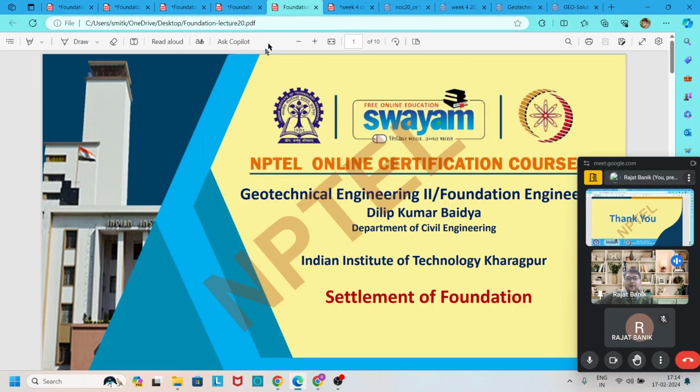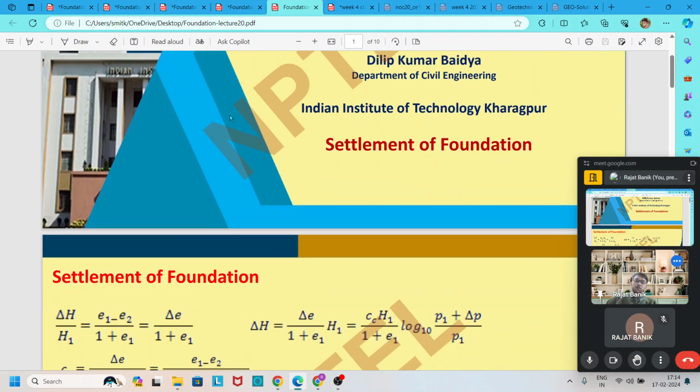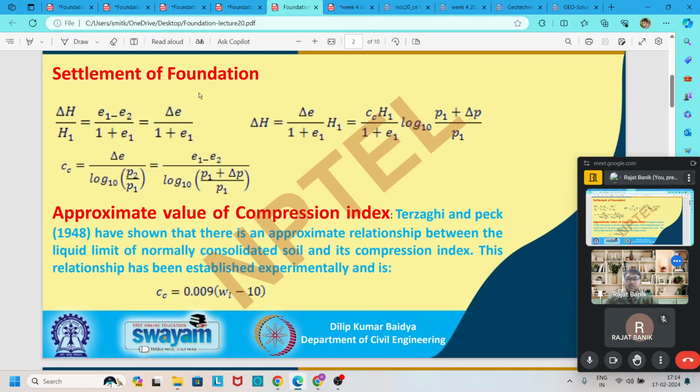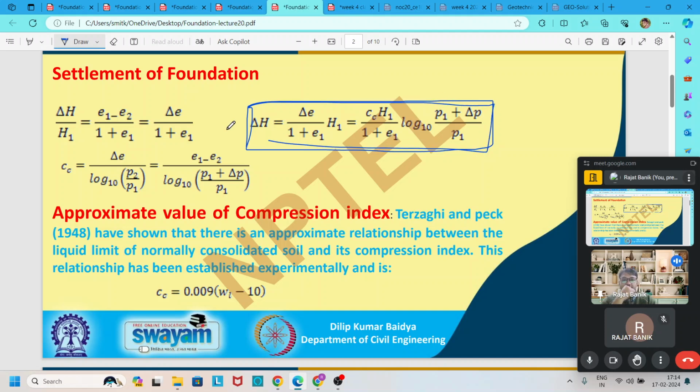Then we move on to lecture 20. In lecture 20 we find out the settlement based on this compression index, and we apply this formula.